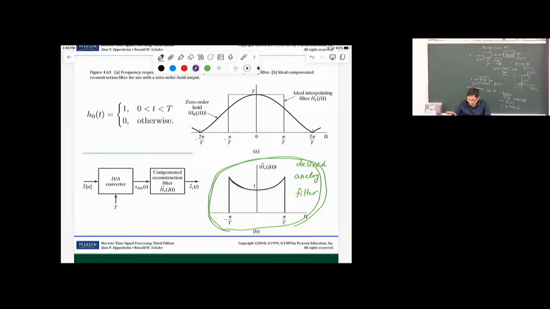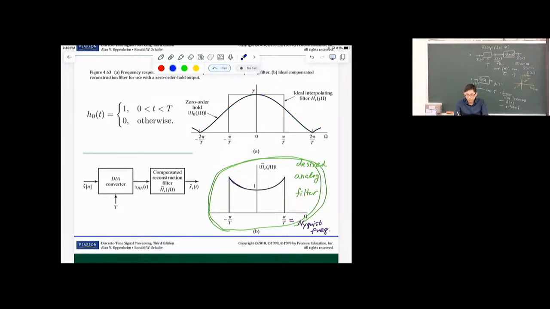Remember that pi divided by T is the Nyquist frequency. We desire to design a filter whose frequency response is concave up like that. Why? There's a reason.